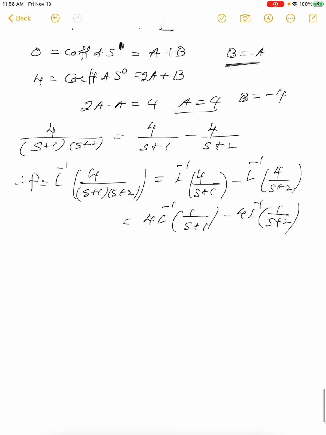And you know that 1 over s minus a is the Laplace transform of e to the at. So here a is minus 1 and the second one a is minus 2. So this is 4 e to the minus t minus 4 e to the minus 2t.